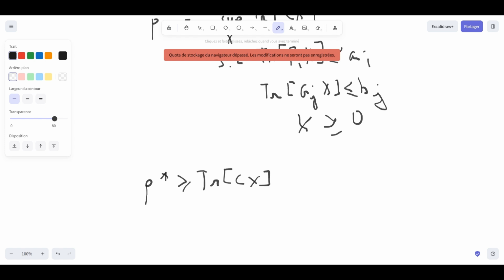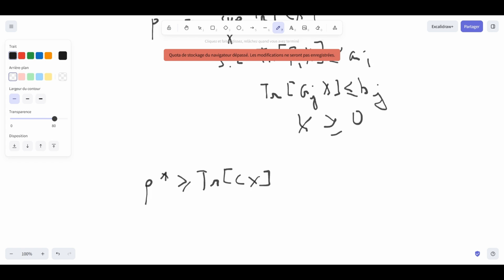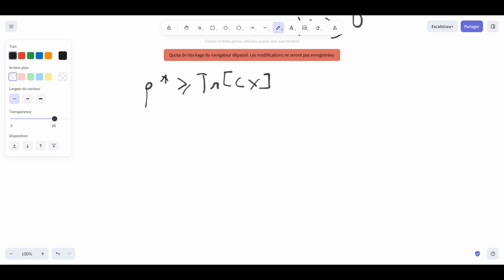So to this end, for each constraint of our problem, so this one, this one, and this one also, we have three constraints here, we'll try to define an indicator function. An indicator function is just defined as this.